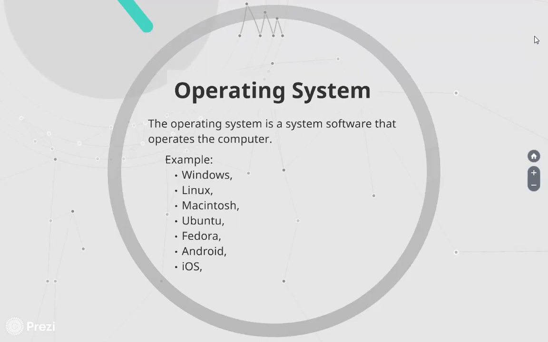What you see on your computer is in English or in a particular language which a user can understand, but that language is not understandable by the system. So there is an intermediary system which converts our language to system understandable language and system understandable language to our language. And that is an operating system.